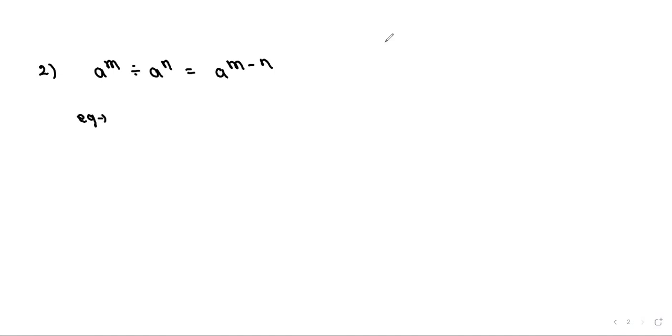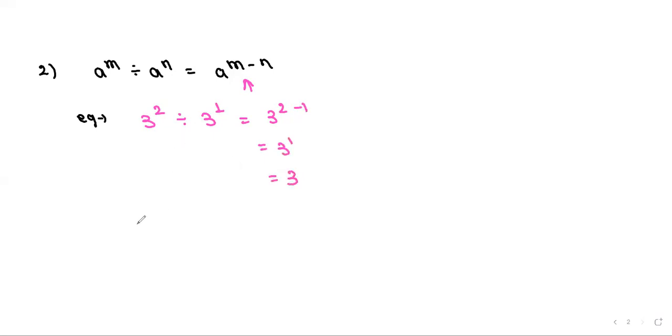So let us take one example. Let us take 3 raised to, suppose 2, divided by 3 raised to 1. Using this property, this will become 3 raised to 2 minus 1, which is 3 raised to 1, so therefore 3.